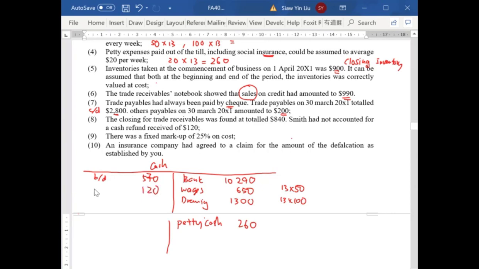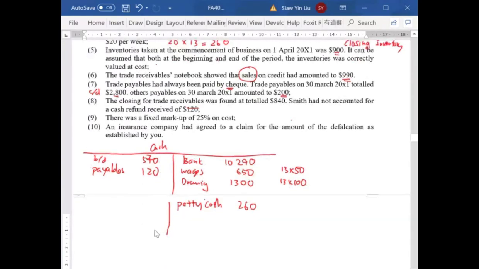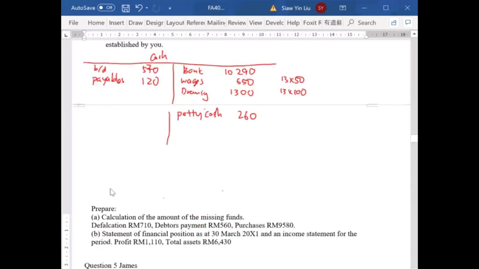You receive a cash refund from your payables. Get it? So next one. So this one also done. So if you look at the information here, basically you cannot figure out anything more to put in here anymore. Right? So next you need to open another account.